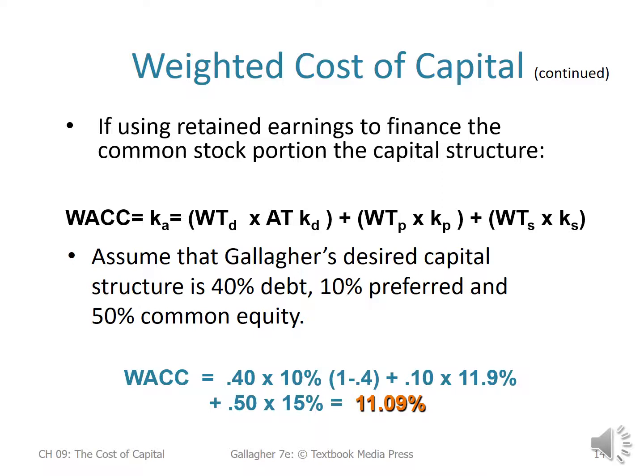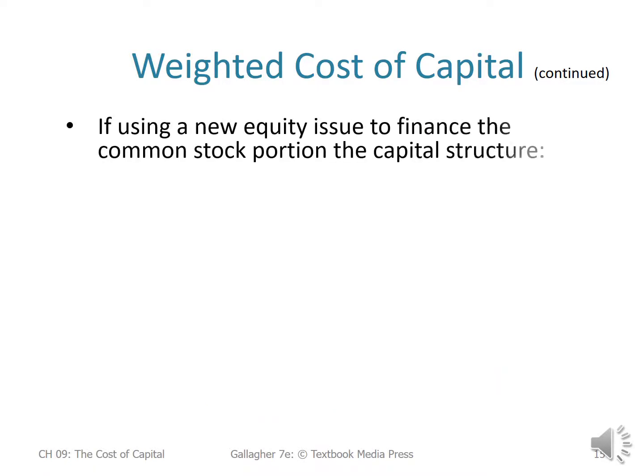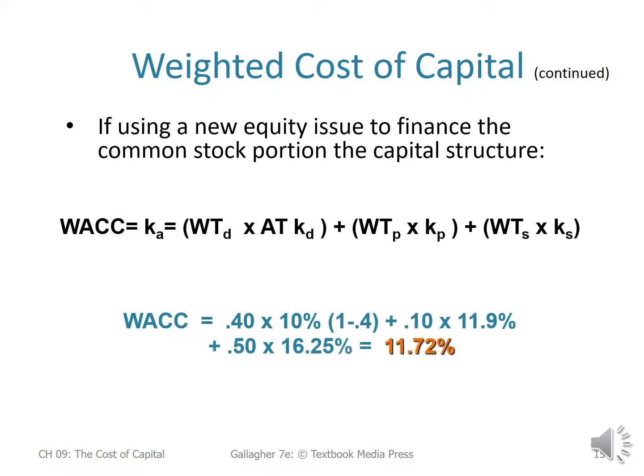If we use the retained earnings to finance the common stock portion of the capital structure, the WACC is going to be 11.09%. If we're using a new equity issue to finance the common stock portion of the capital structure, the WACC is 11.72%.